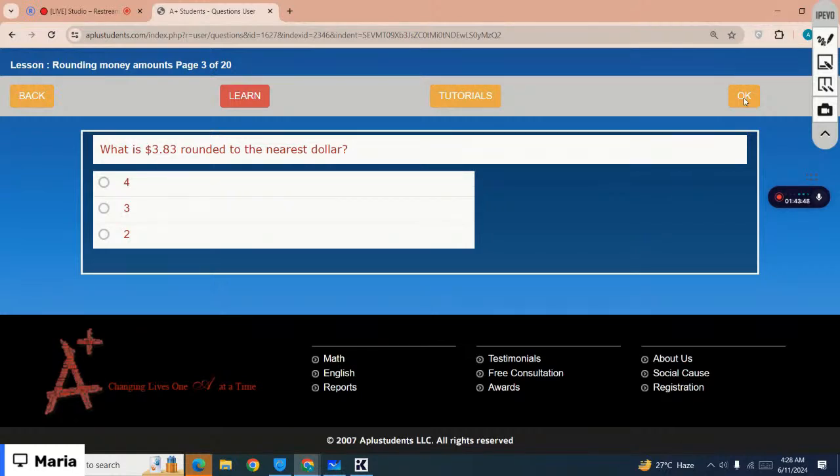What is 3.83 rounded to the nearest dollar, which is the correct option? The correct option is 4. It is option number 1.